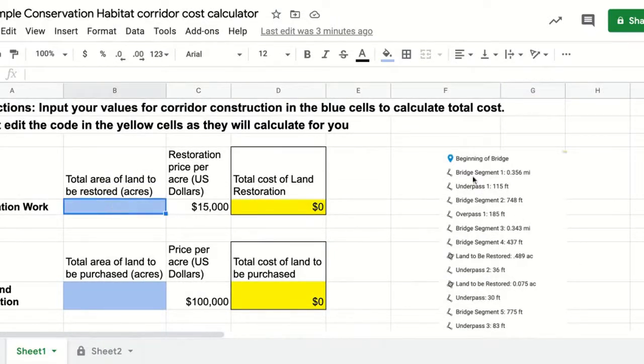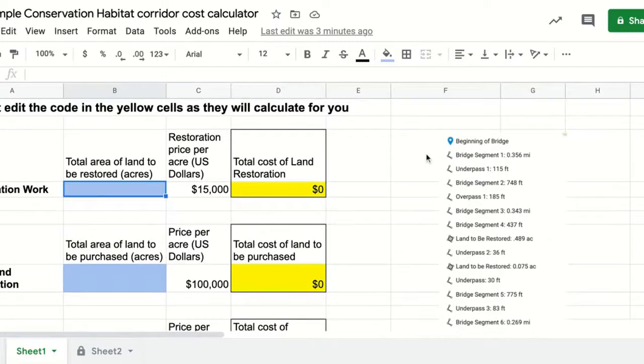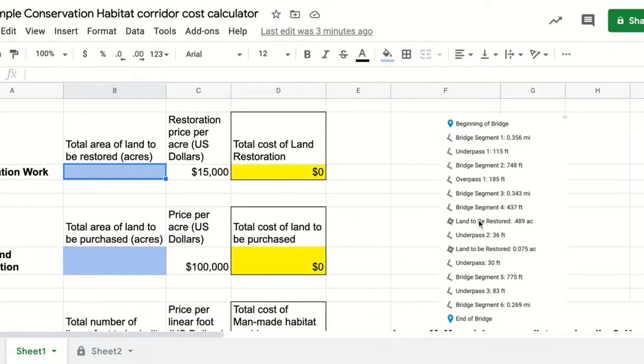I'm going to check over here at my corridor and say, okay, I do have some land that I need to be restored. That is 0.489 acres and 0.075 acres. You can add those together in a calculator, or you can have the sheet do it for you. Double click and program it: type equals, then your two areas, 0.489 plus 0.075, and press enter.